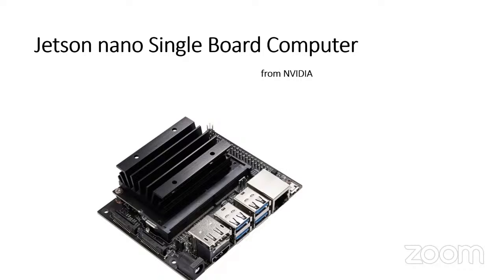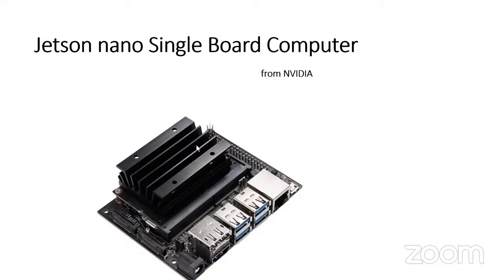We are going to use Jetson Nano in our practical examples. Jetson Nano is an AI board from NVIDIA. It is used for many different types of AI development, and it is majorly used in artificial intelligence and robotics. It's a single board computer, an embedded computer.